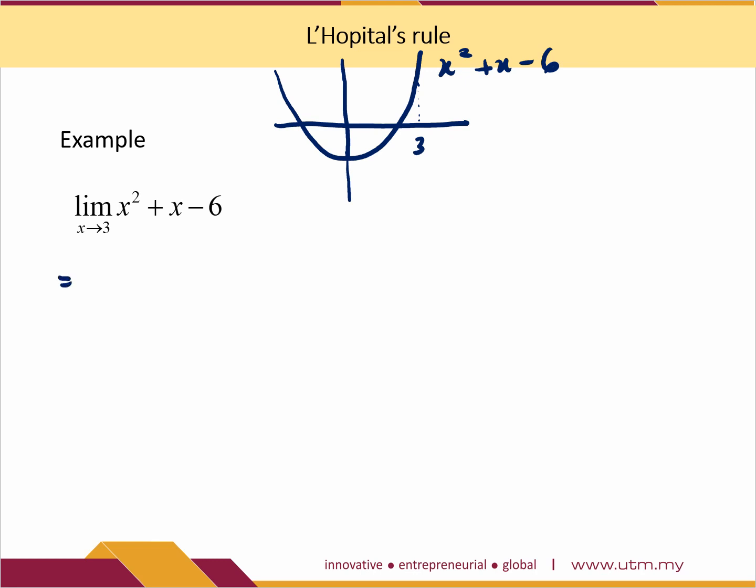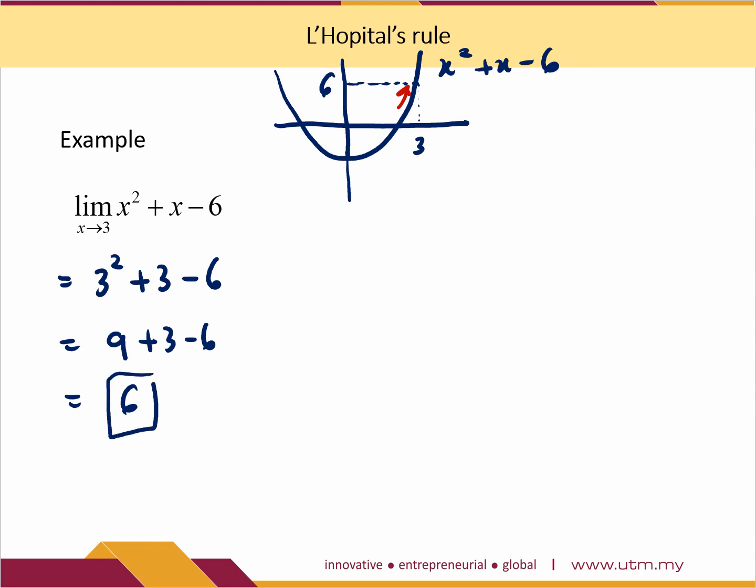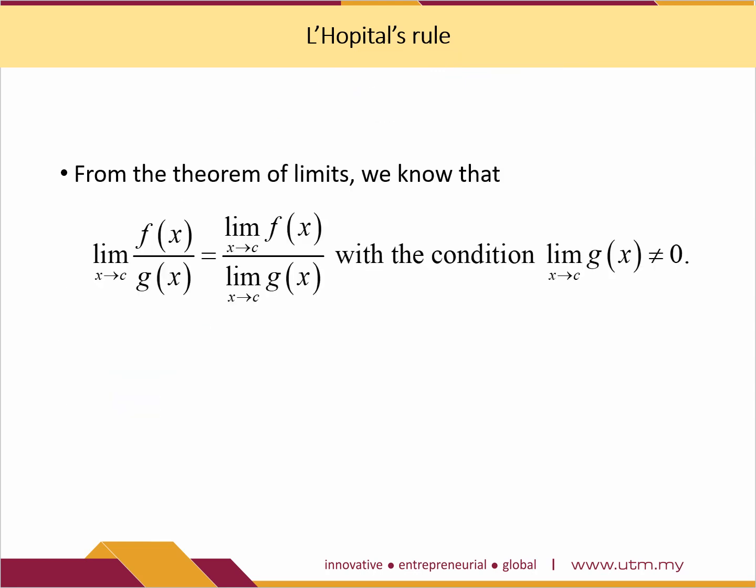To do that, we can just substitute 3 into x. So you will get 3 squared plus 3 minus 6, which is 9 plus 3 minus 6, which is equal to 6, meaning that the limit of this function as x approaches 3 is equal to 6. So 6 here is the value of y.